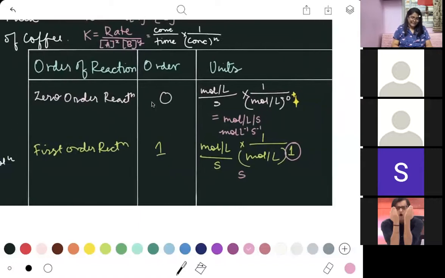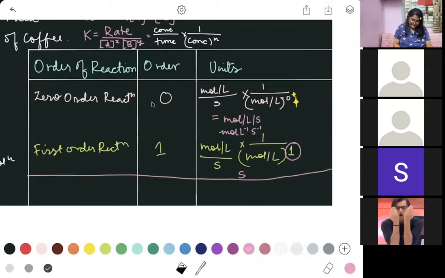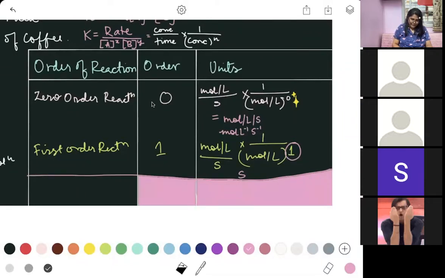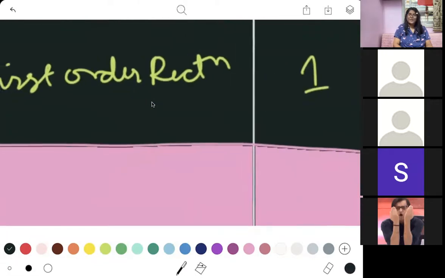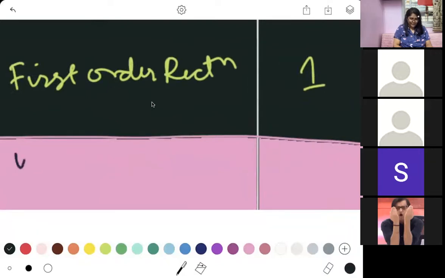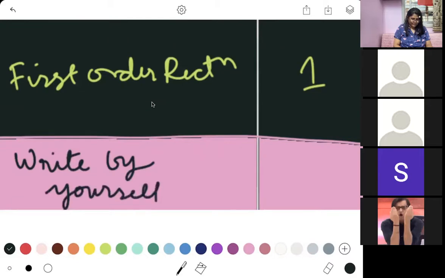Based on this particular point that we discussed, what I would want you to do in your notebook is complete this part. You're going to write it down for your third order reaction, and then you're going to let me know if you were able to do that. So write by yourself.